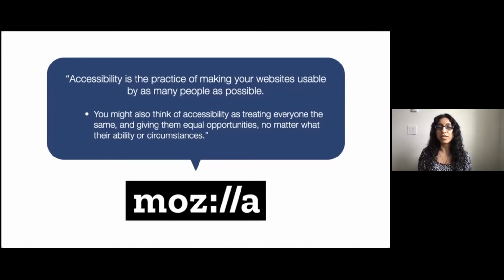You might also think of accessibility as treating everyone the same and giving them equal opportunities no matter what their ability or their circumstances. I think this one is great because it underscores one of the most important and compelling aspects of accessibility. At the core of it, it's about designing your content to be flexible, and that gives users options to access it however they prefer.